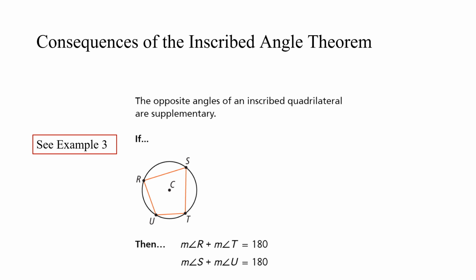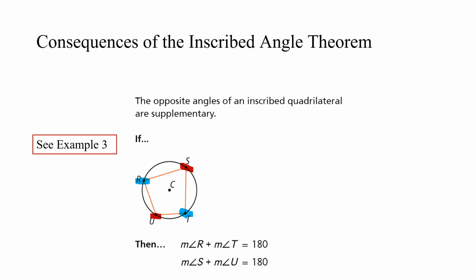And the last consequence is, if you noticed from example 3, angles that are across from each other, such as angle R and angle T, those angles are going to be supplementary to each other. Just like angle U and angle S are also going to be supplementary to each other.